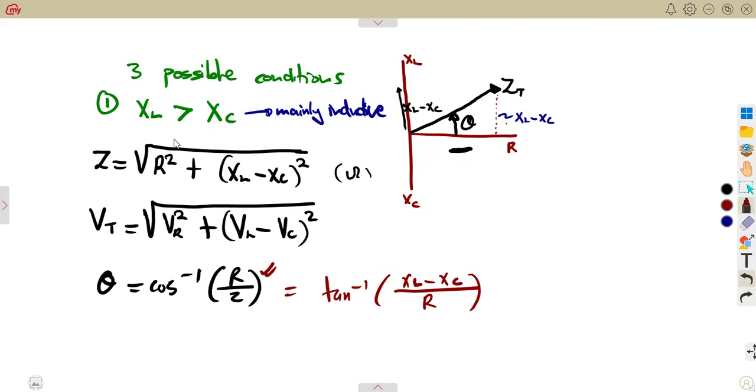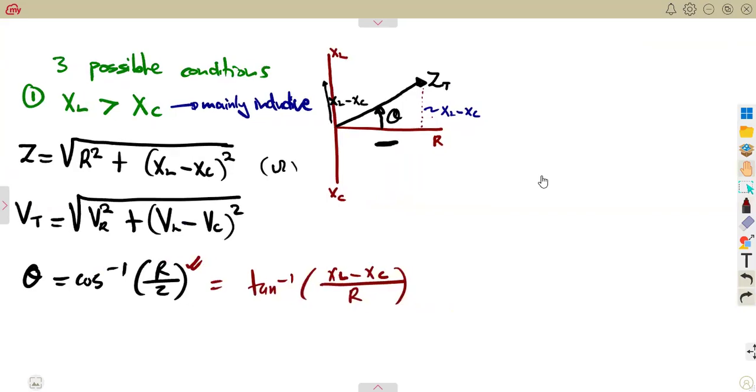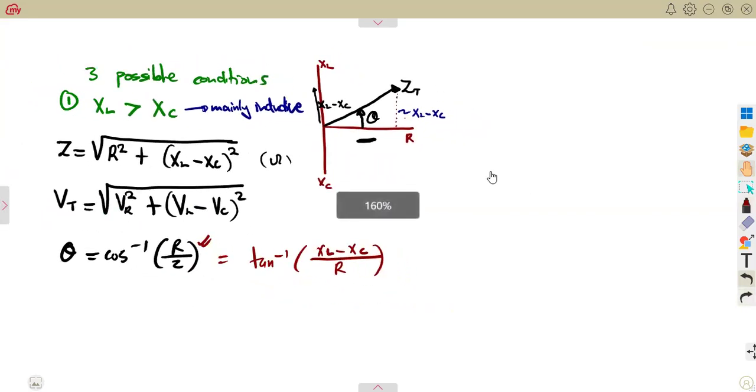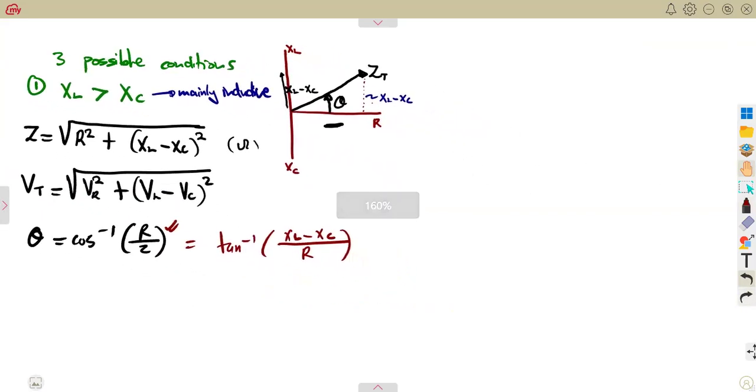So this is for a condition when our XL is greater than XC. Our circuit is mainly inductive, which is opposed to when XC is greater. In a condition that XL is less than XC, what does it mean?